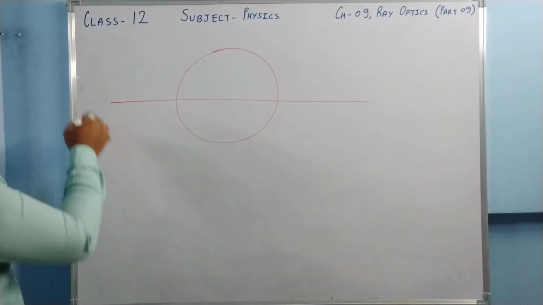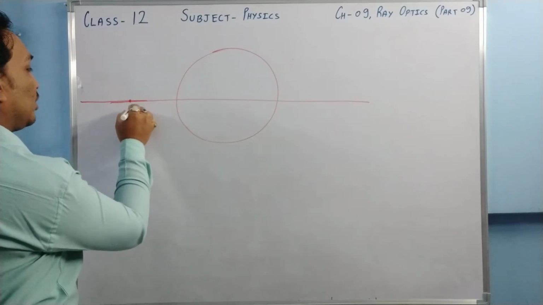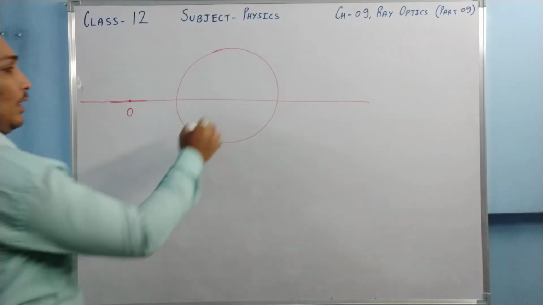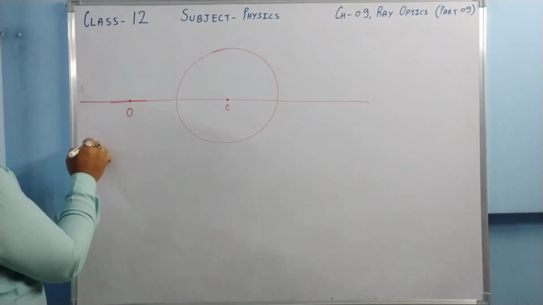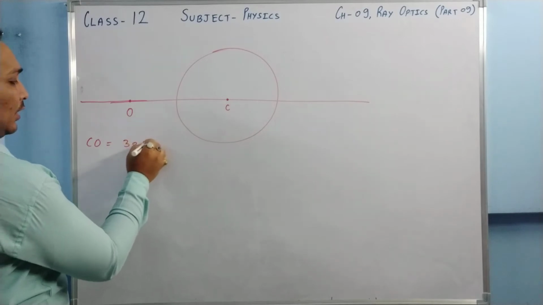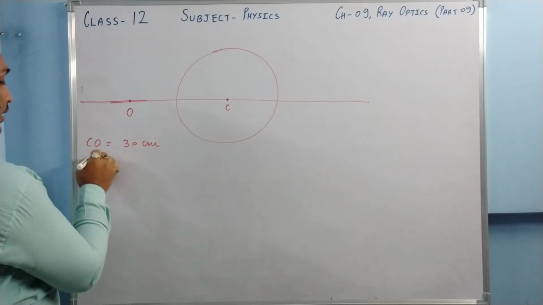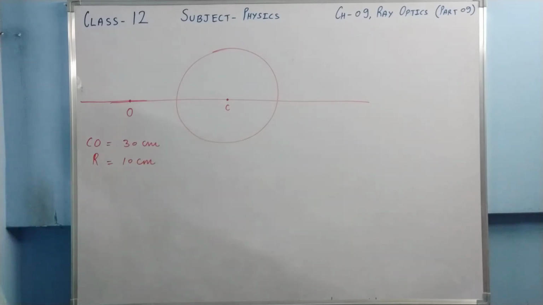Okay, so suppose somewhere here the object is O. It is center, so it is given that CO is equal to 30 centimeter, whereas radius of curvature is 10 centimeter.